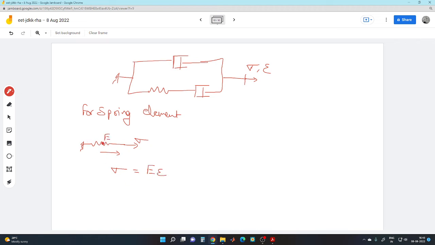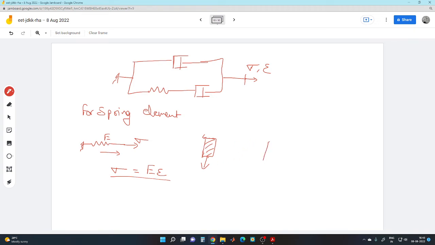Let's just say the elastic constant of this particular member is E. It behaves like a beam, right? If this is a beam, it is fixed from this end and it is pulled from here. If this is the material and it has no viscosity in it, this beam material will simply extend instantaneously. So sigma equal to E epsilon is what we will be using for this relation.